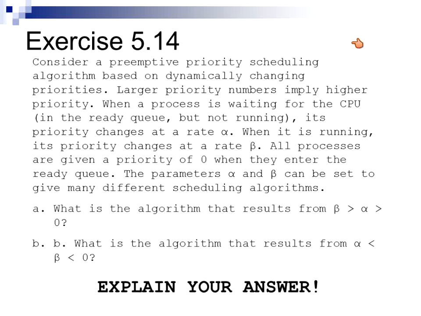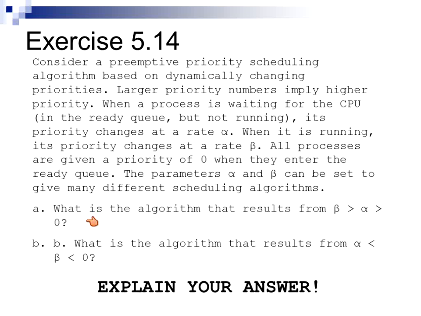So the question is, when beta is greater than alpha and alpha is greater than 0, what scheduling algorithm will result? In other words, when it's running, if its priority is changing at a rate of beta and beta is greater than alpha, what's going to happen?